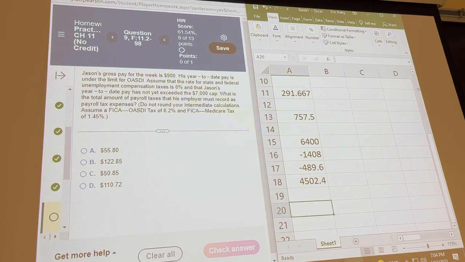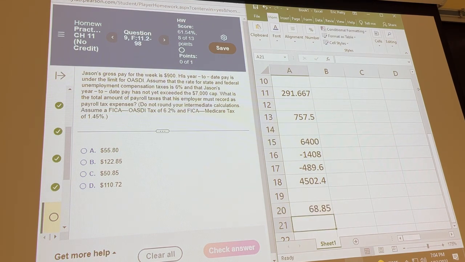So for FICA, $900 times 7.65%, combining Social Security and Medicare.